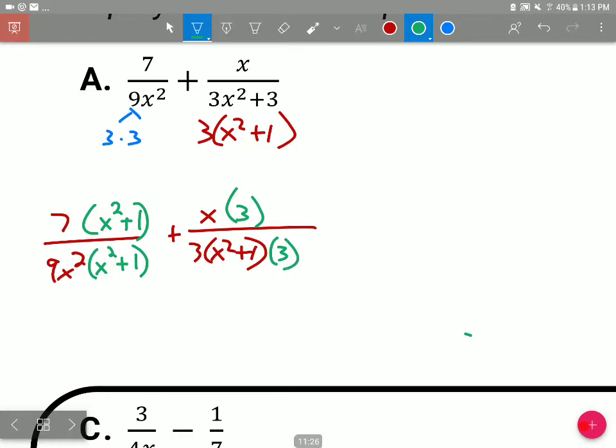What else does it need? What does this first fraction have that this second one doesn't in the denominator? X squared? It doesn't have an x squared. It's got the x squared plus 1, but is there an x squared?